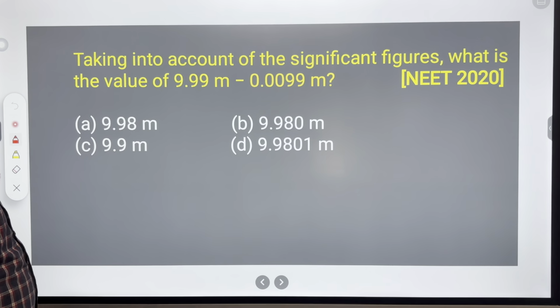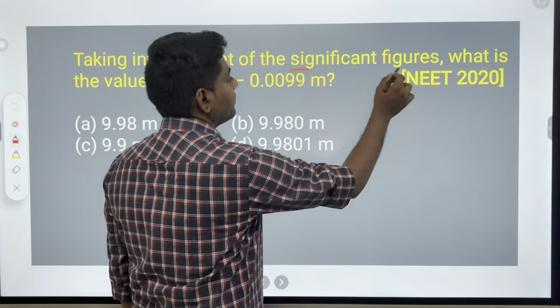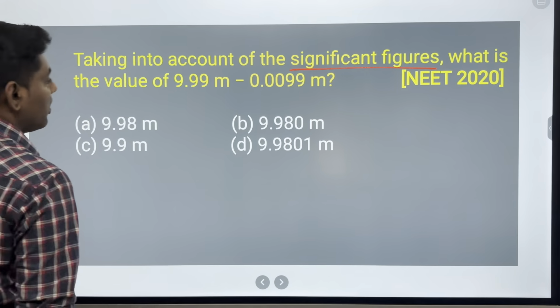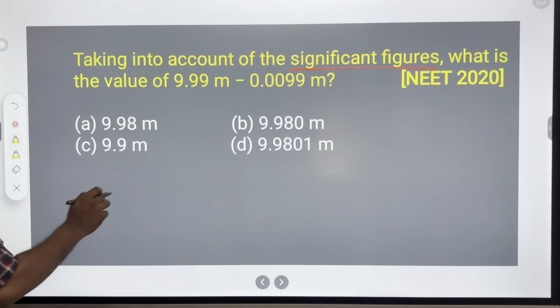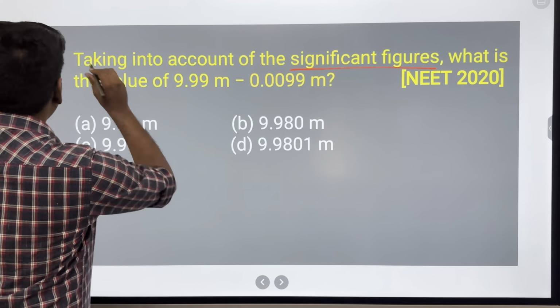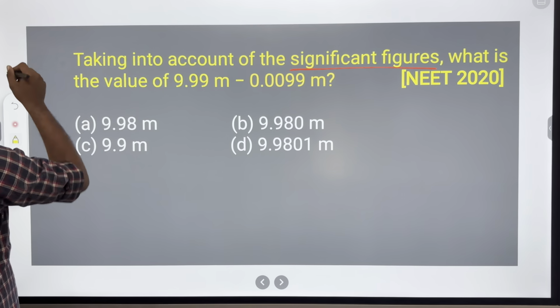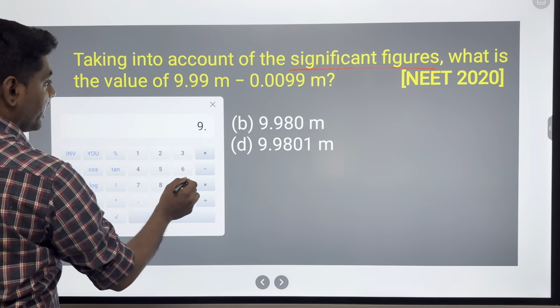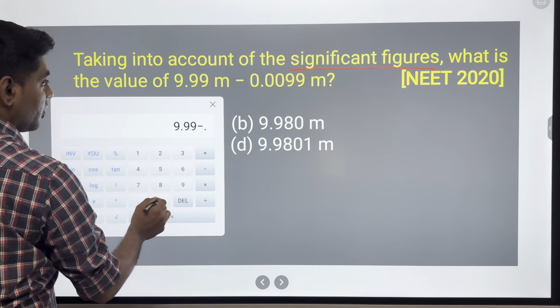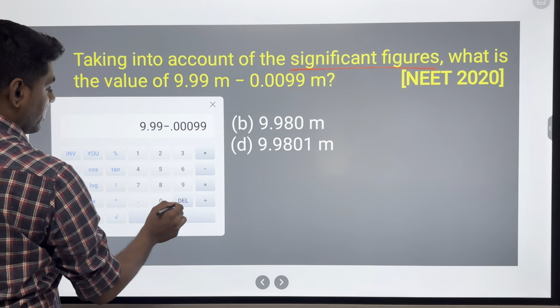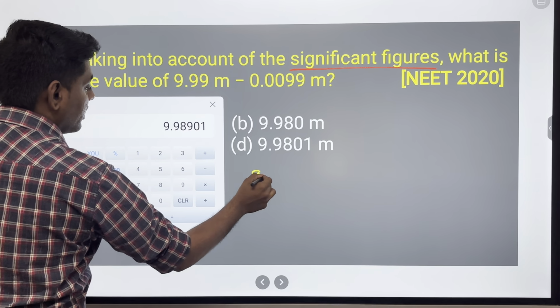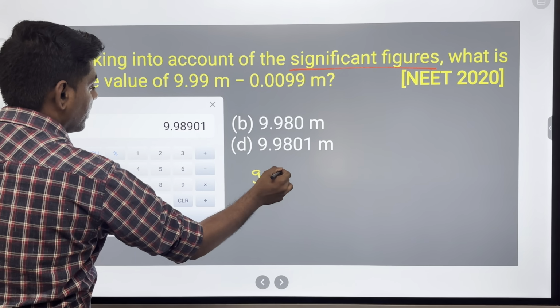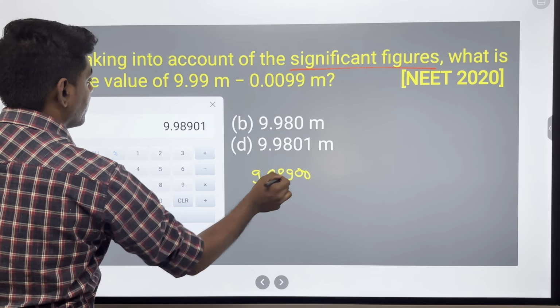Taking into account the significant figures, we take the subtraction of 9.99 minus 0.0099, very easy, so we can calculate very fast. So we get 9.98900.